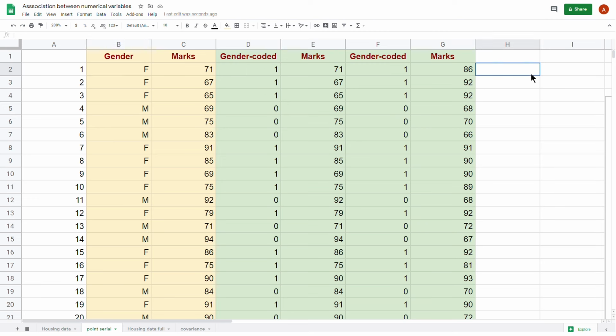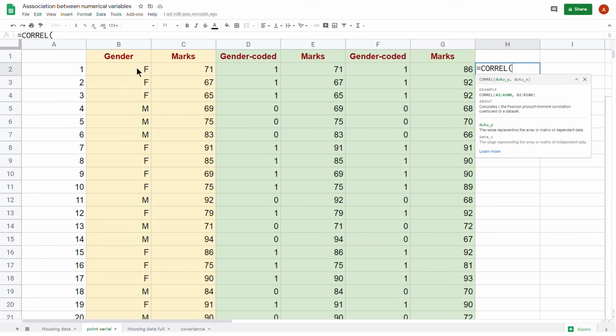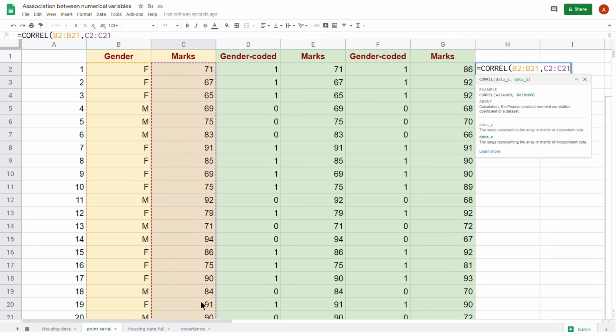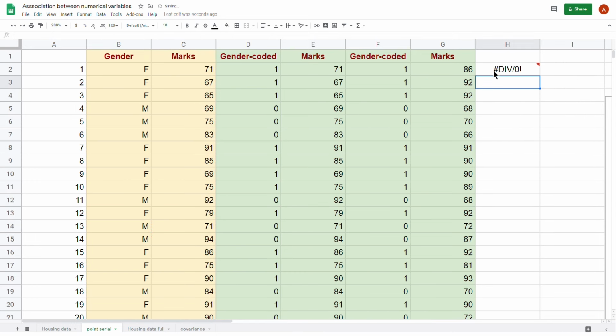So, if I just try, for example, to put in a correlation measure, you can see that it returns an error because it says that correlation has no valid input data. It has no valid input data because this is categorical and it is text.